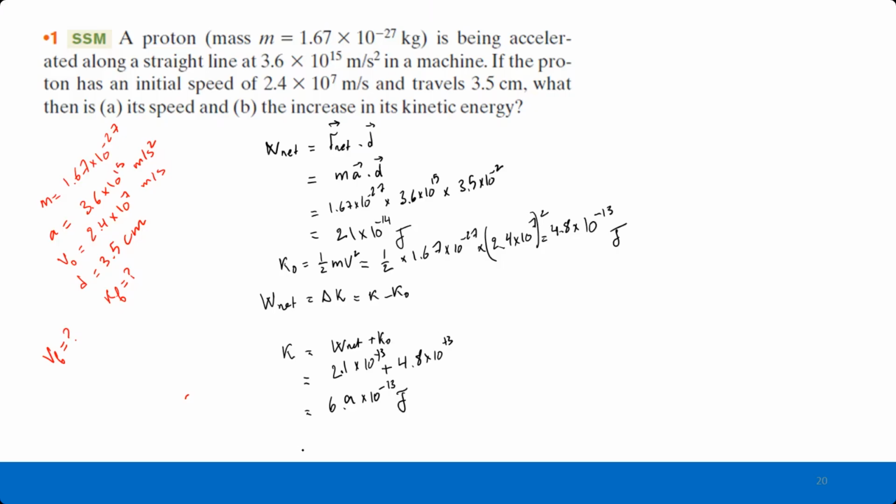We can deduce the speed. So this is basically half mv squared equals 6.9 times 10 power minus 13. So v is none other than the square root of 2 times 6.9 times 10 power minus 13 over the mass, which is 1.67 times 10 power minus 27.